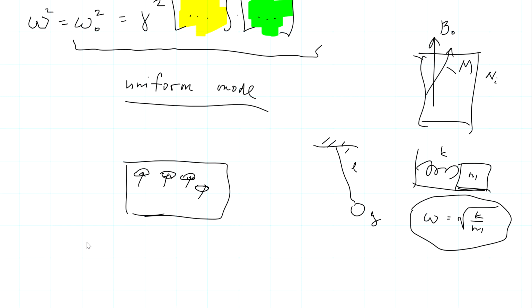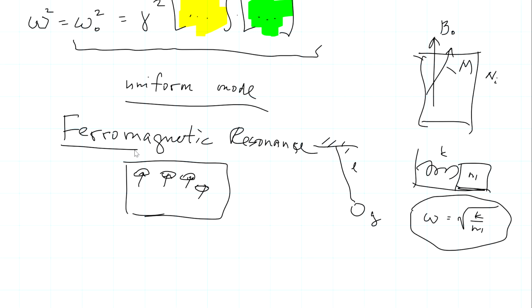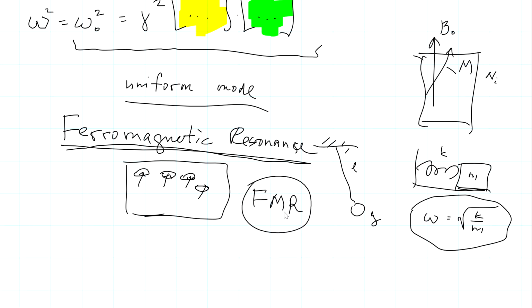So this frequency corresponds to the uniform mode, and that uniform mode is also called ferromagnetic resonance. Ferromagnetic resonance, abbreviated as FMR, is a resonance phenomenon at which all magnetic moments oscillate along the externally applied field direction.